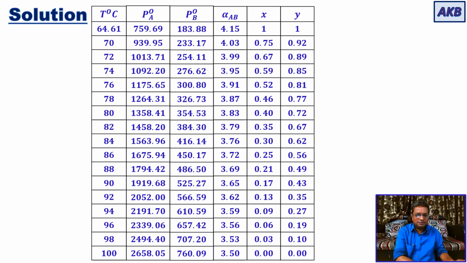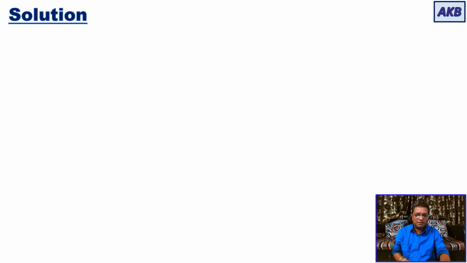Now our next task, the task of generating VLE data, is completed. Next, we have to plot two diagrams: one is the distribution diagram and the other one is the boiling point diagram. I'll be plotting the boiling point diagram first.